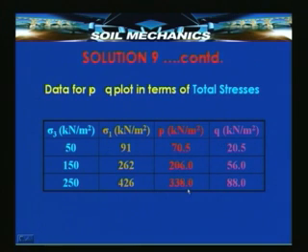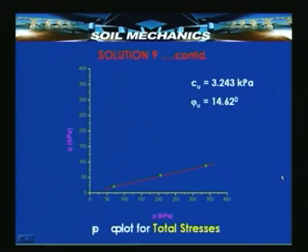So, if we plot this value of P and this value of Q, we get the total stress PQ plot. Here is the total stress PQ plot for this test, and from this the intercept and the angle of inclination will give us the undrained cohesion and the undrained angle of friction as 3 and 14 approximately.